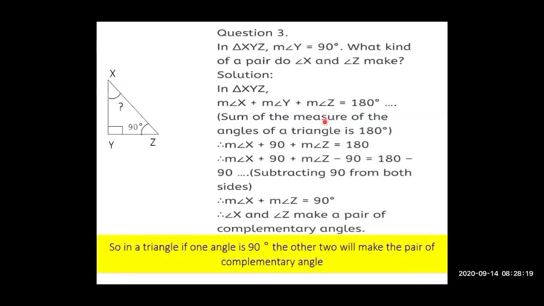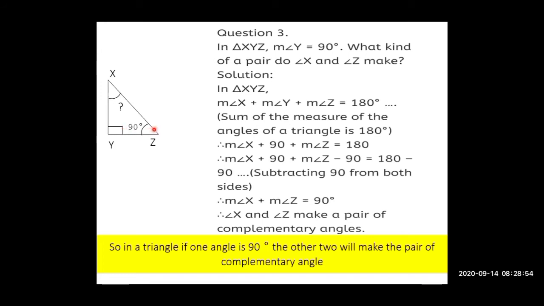So our next sum is: in triangle XYZ, measure of angle Y equals 90 degree. What kind of pair do angle X and angle Z make? So in any triangle, when you add the 3 angles, the sum measure is 180 degree. The sum of the three angles of a triangle is always 180 degrees, that we know.